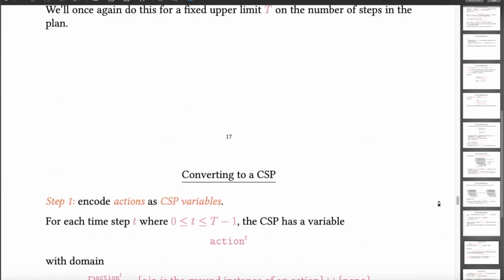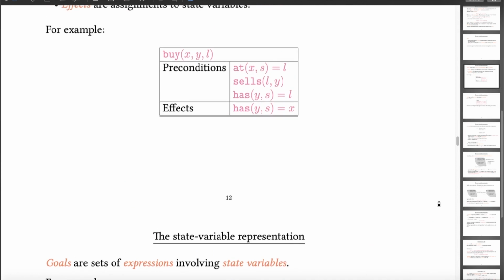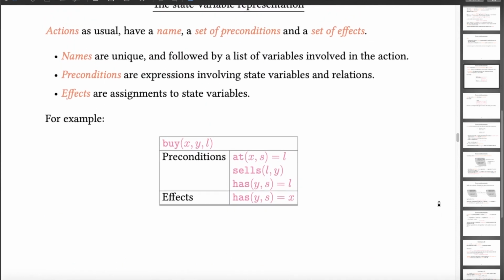So if I move back a little bit and just look again at our definition of the buy action, what that means is that you can substitute x, y, and L in buy in all possible ways. Each of those ways gives you a ground instance of the buy action, something like buy climber1 gorilla joke shop.